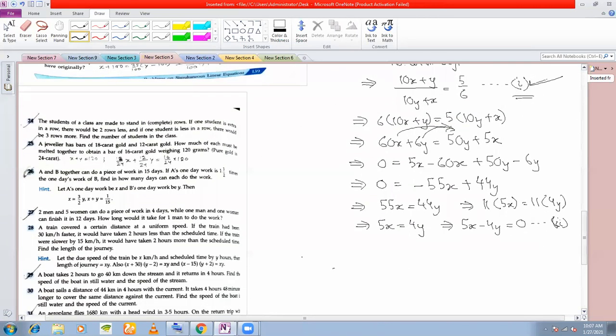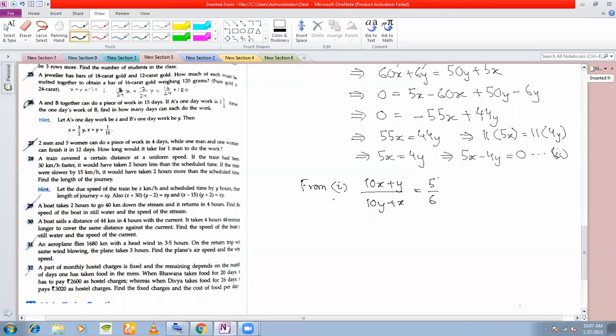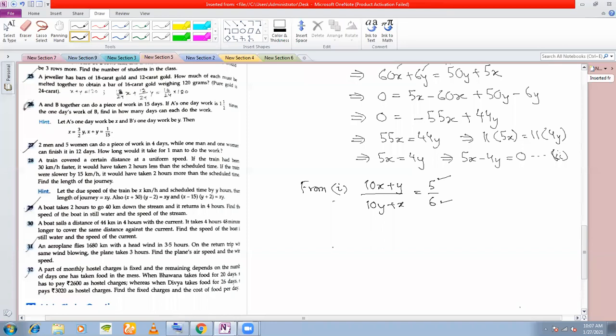Now see, (10x plus y) by (10y plus x) is a fraction that is 5 by 6. That means for this fraction, 5 is lesser, 6 is greater. Similarly for this fraction also, this should be lesser and this should be greater.